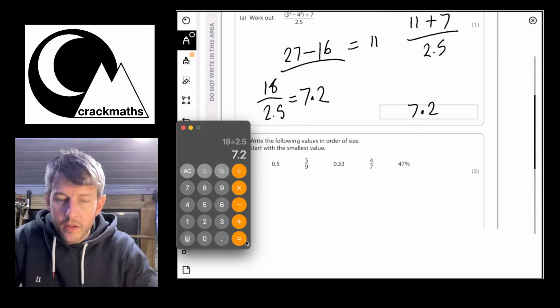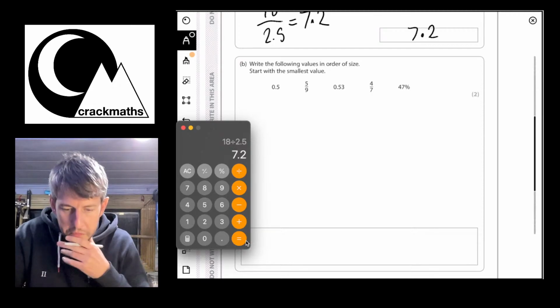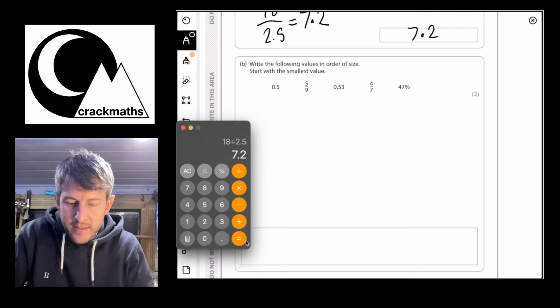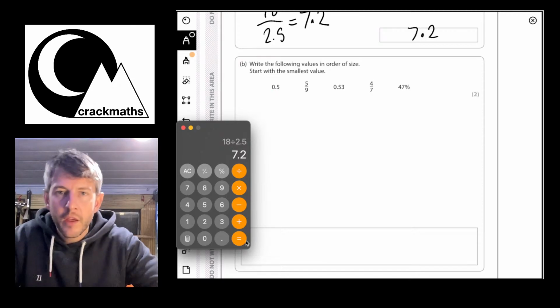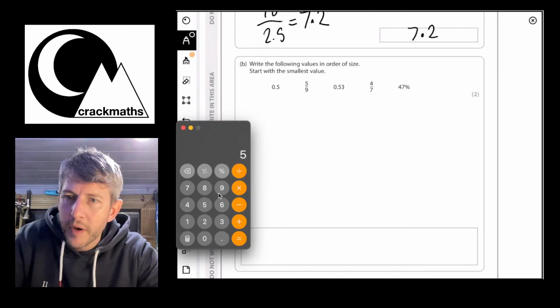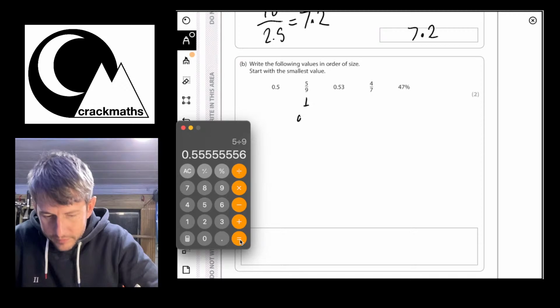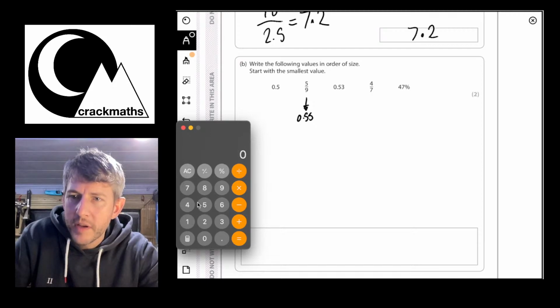Right, part B. Write the following values in order of size. Start with the smallest. Okay, so I'm going to turn these all into decimals. This is 0.5, so that's fine. 5 over 9 means 5 divided by 9, so that's 0.55. 4 over 7 is 4 divided by 7.